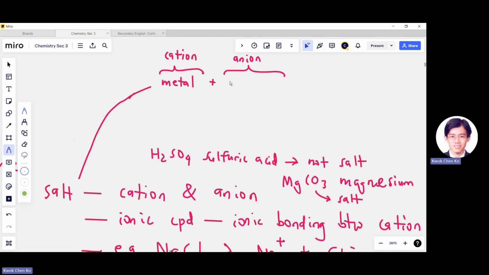For now, you will restrict yourself to this field. If this is a chloride, sulfate, nitrate, carbonate, for now.